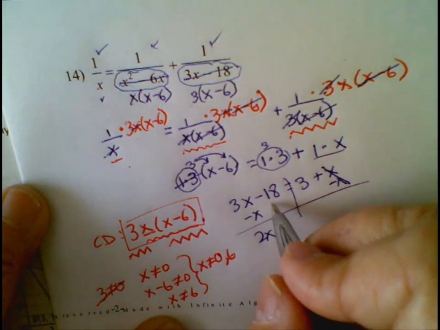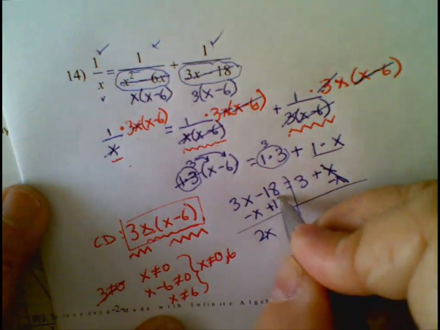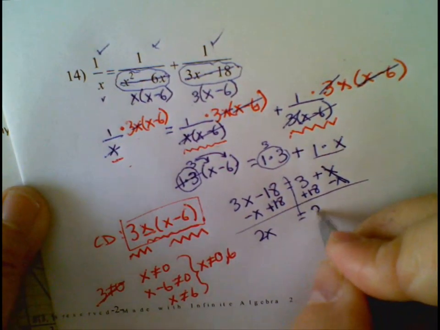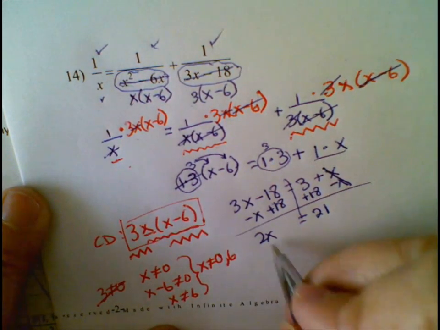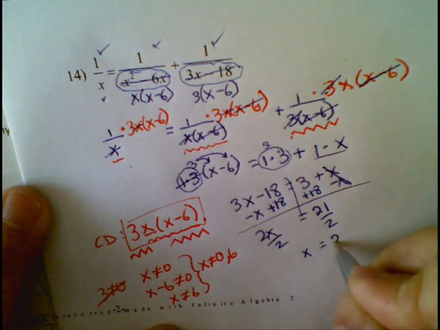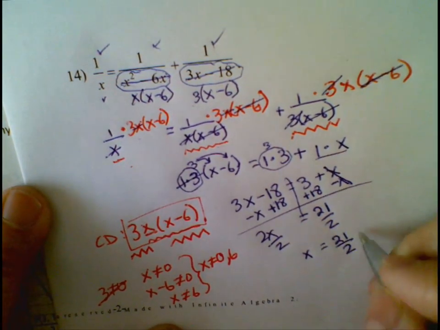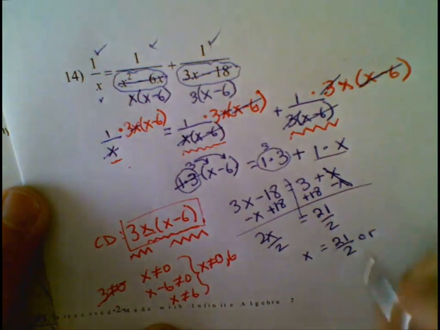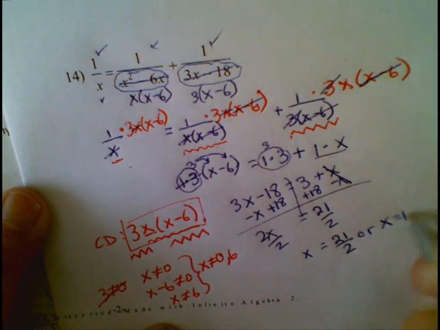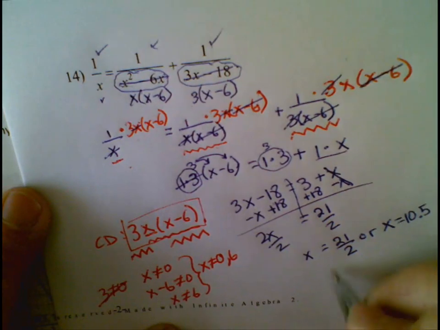Then to move this 18 over, it's negative, so I'm going to add 18 to both sides. That gives me 2x equals 21. Divide by 2, and I get x equals 21 over 2, or if you're the kind of person who likes a decimal, you can go ahead and divide that and get x equals 10.5.